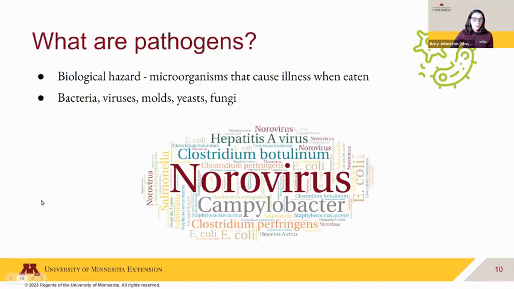In January, we reviewed 9 of the 31 known pathogens to cause foodborne illness, as these 9 are frequent causes of foodborne illness and outbreaks. So we discussed norovirus, the hepatitis A virus, salmonella, campylobacter, Shiga toxin producing E. coli, Listeria monocytogenes, Clostridium botulinum, Clostridium perfringens, and Staphylococcus aureus.